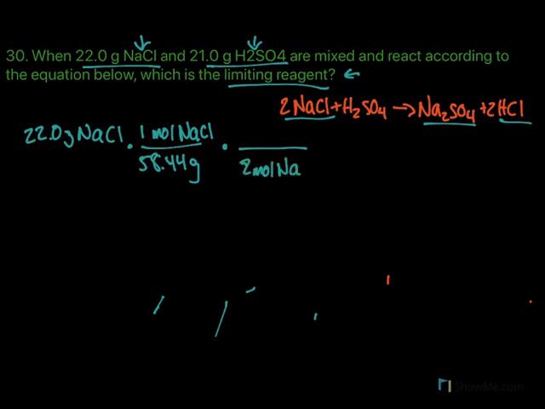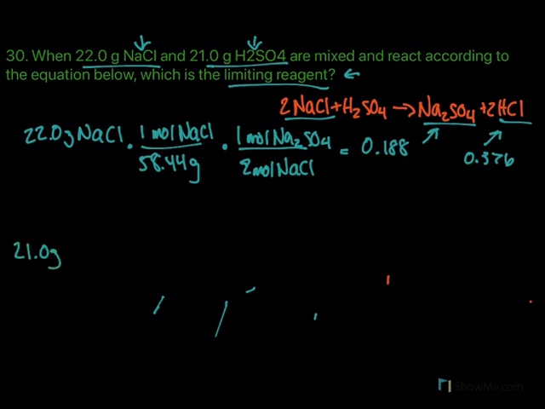So we've got 2 moles of sodium chloride, 1 mole of sodium sulfate, and this will equal 0.188 for the sodium sulfate. If you were to do this same equation using the hydrochloric acid, you would get 0.376. So now we're going to use our sulfuric acid.